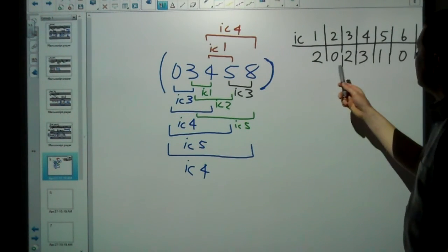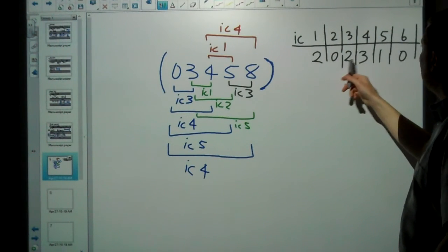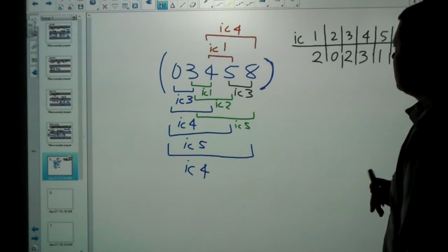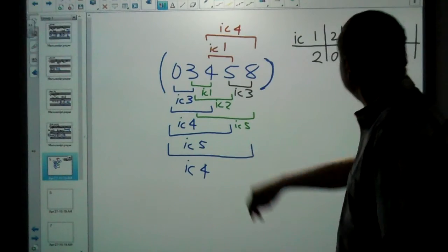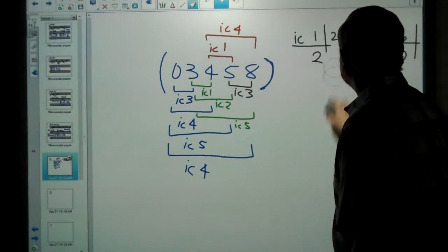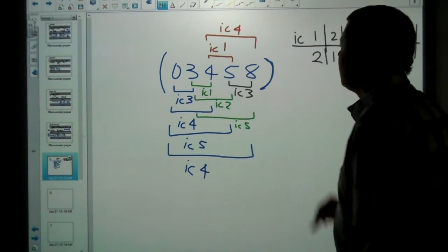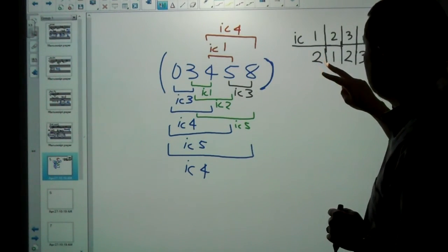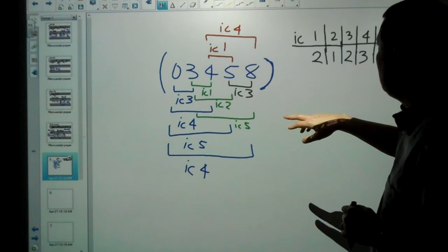Do my numbers of instances of interval classes add up to 10? 2 plus 2 is 4, plus 3 is 7, plus 1 is 8. Oh, I missed something here. Oh, I missed an interval class 2. So there's 2 of interval class 1. There's 1 of interval class 2.